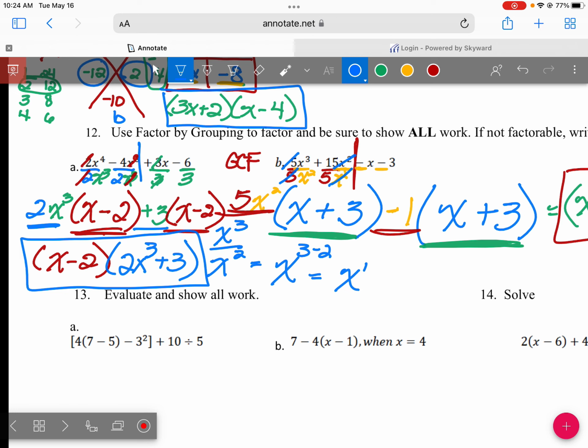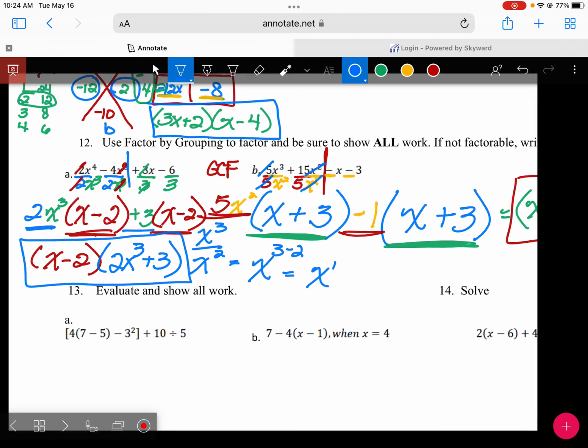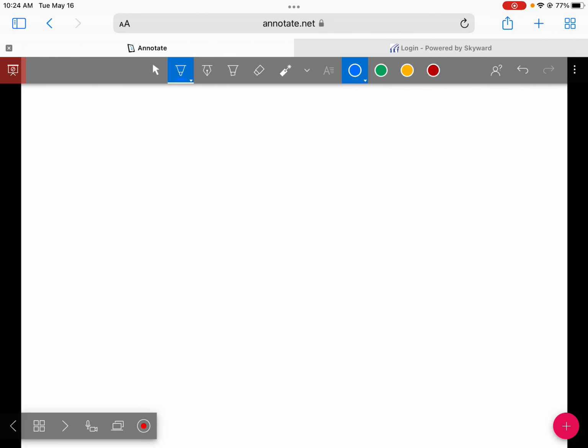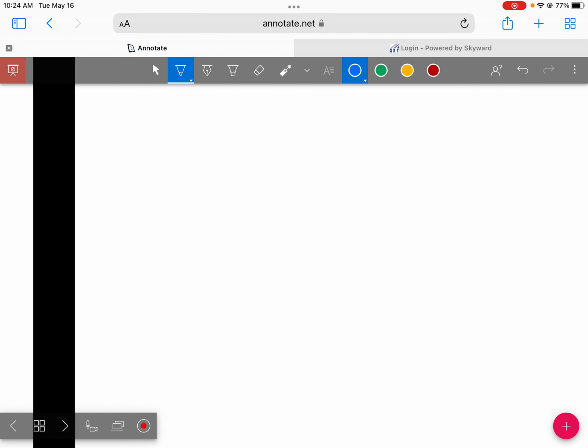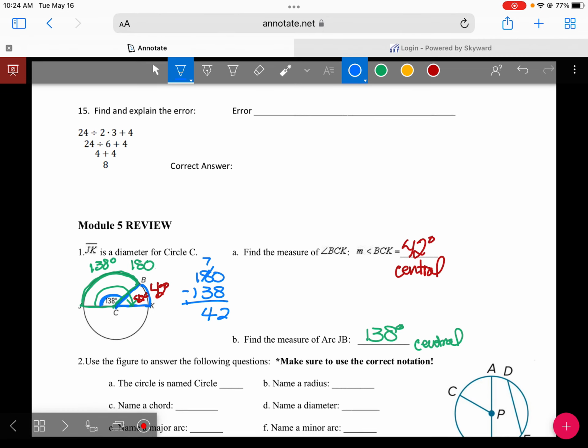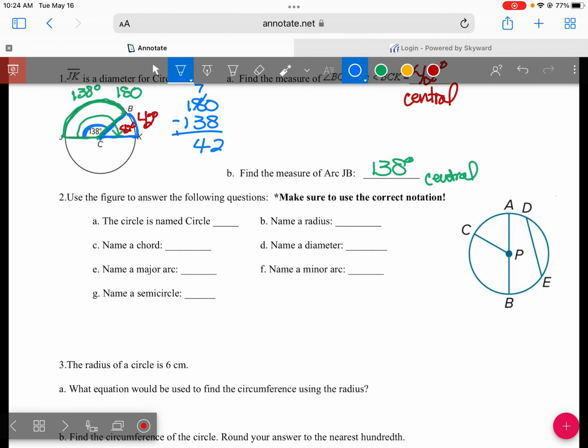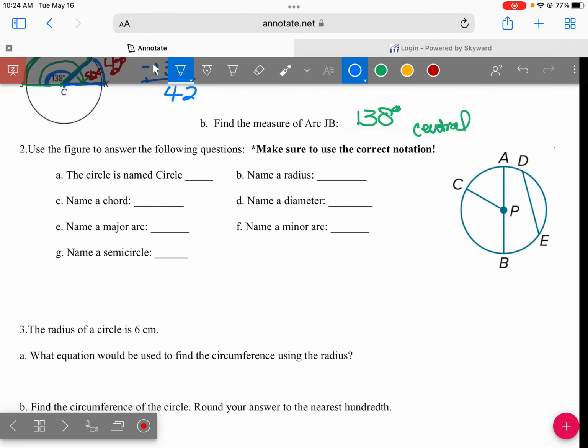All right. Anyone else? What questions do we have? Oh, on page 3, number 2. Okay, this is a good one. Whenever you're dealing with circles, there are lots of little parts and you have to put in the correct notation.